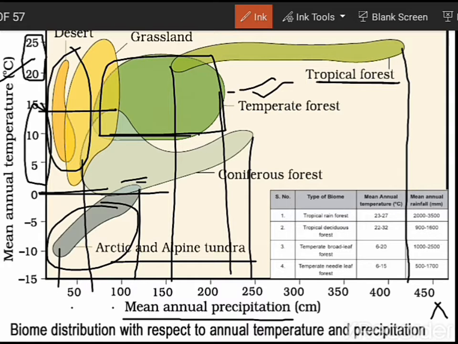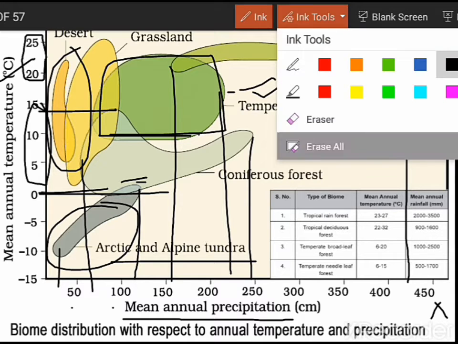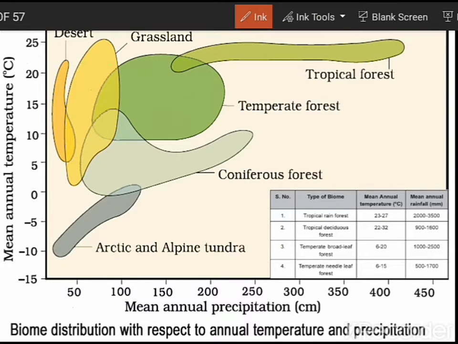And the last one is grassland. Grassland is having high temperature and is having less rainfall, but compared to desert it is having slightly greater amount of rainfall. So this is what we can infer from this particular graph, and the identification of the various landscapes is important from this particular graph.